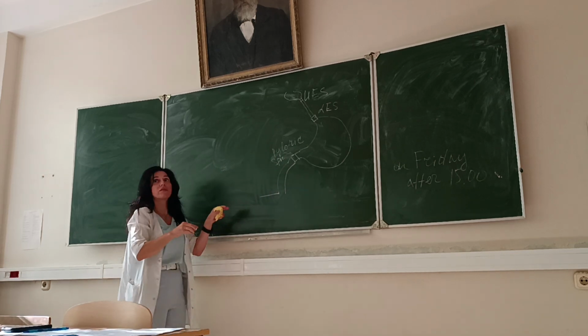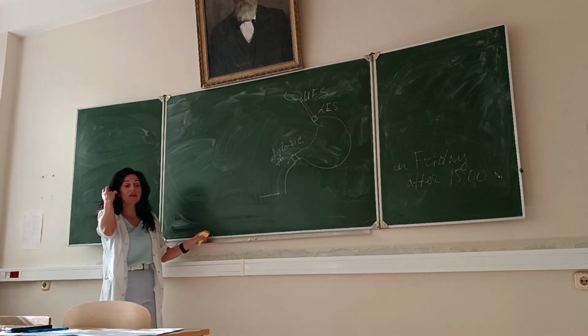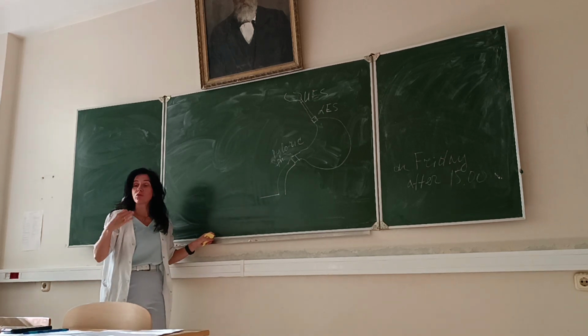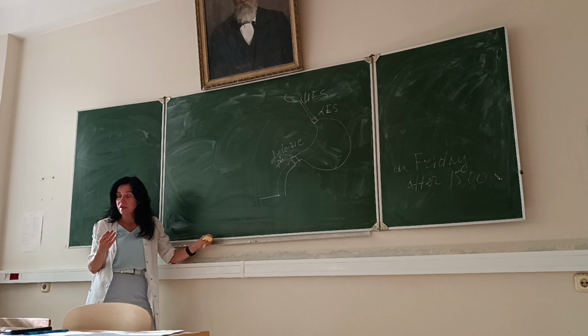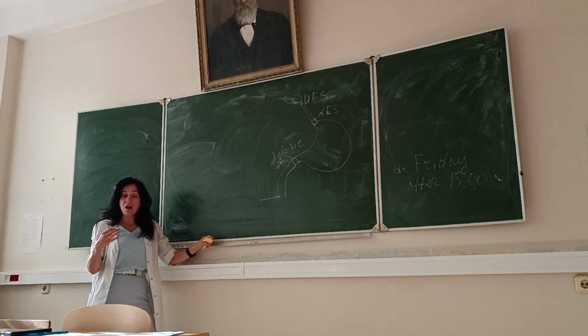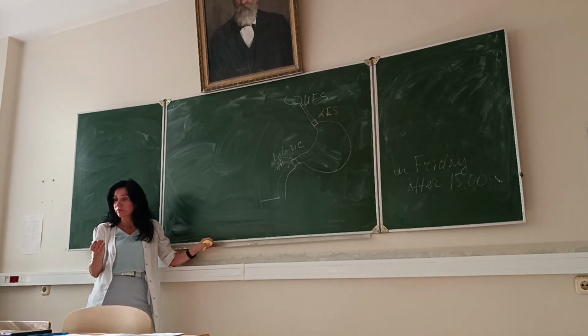I will draw a simplified scheme of pancreas. Pancreas has exocrine part and endocrine part. Exocrine part releases juice.